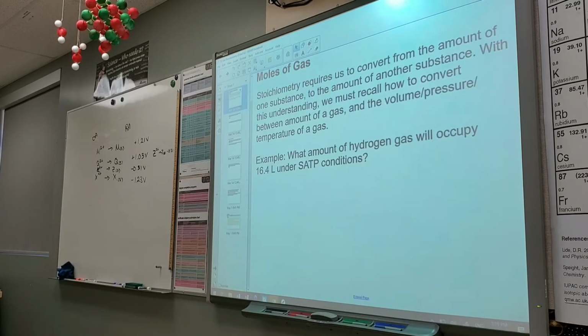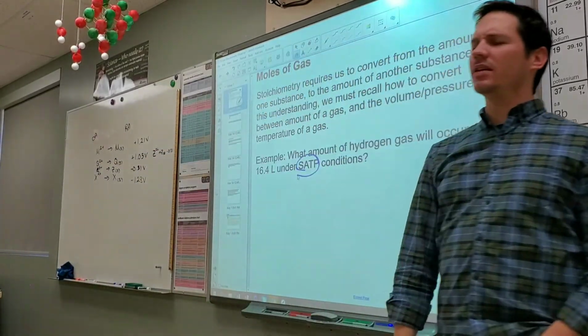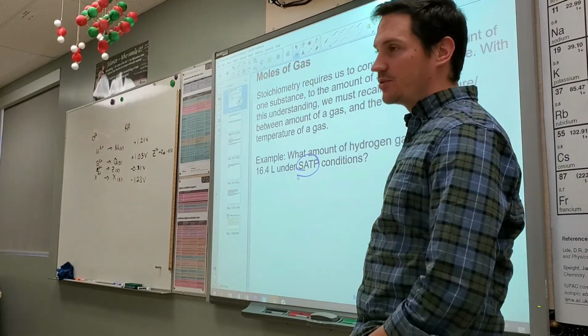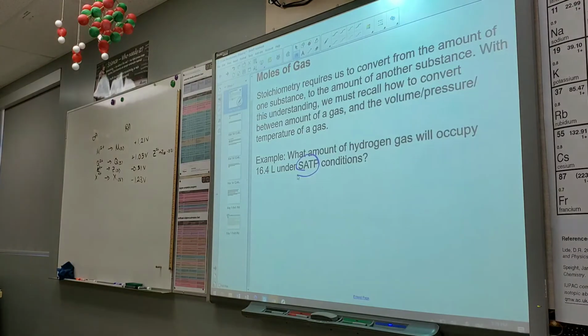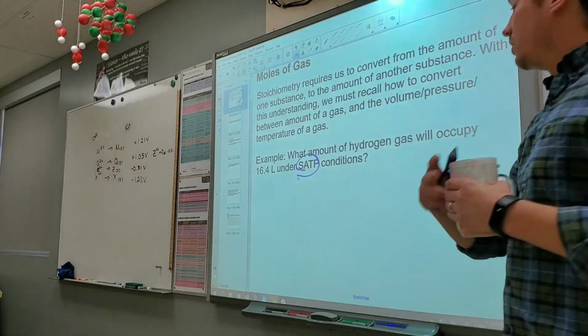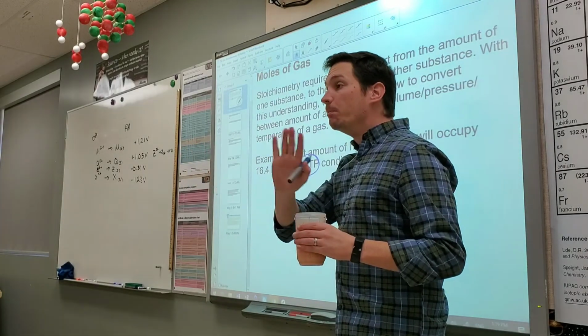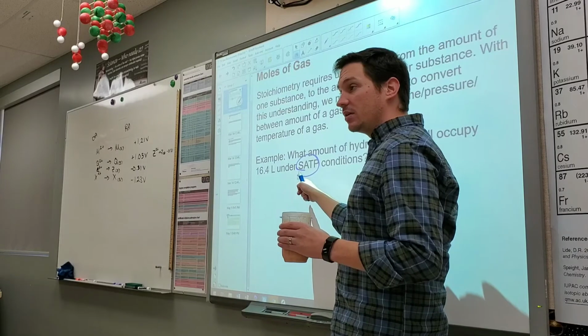Okay, let's think about this. What does SATP mean? Standard ambient temperature and pressure. What I want to know is, can you get moles from something to do with SATP? Yes.